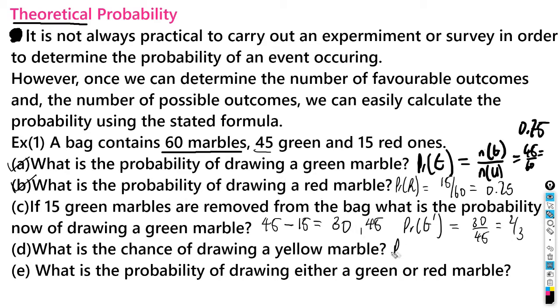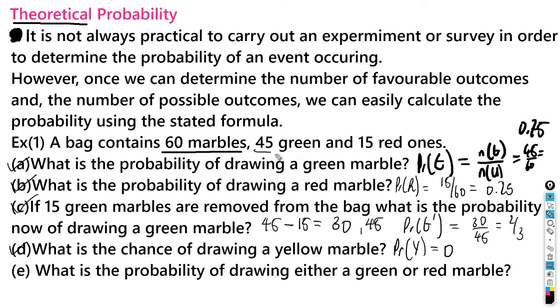All right, so let's look at the probability of drawing a yellow marble. Well, we can see that there are no yellow marbles. Let's call it probability of Y. So this is actually 0. That's the answer. And the last one is, what is the probability of drawing either a green or red marble?